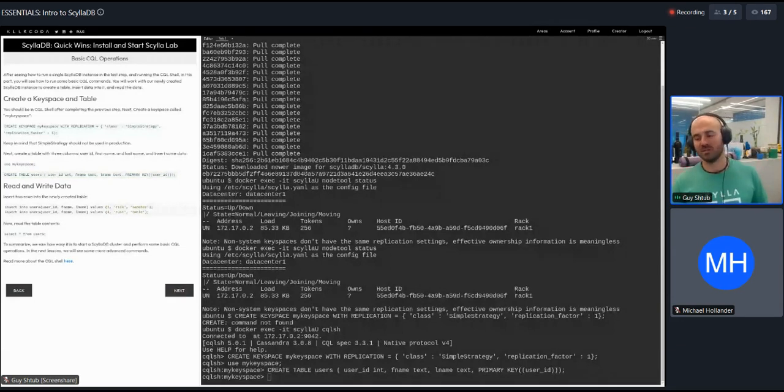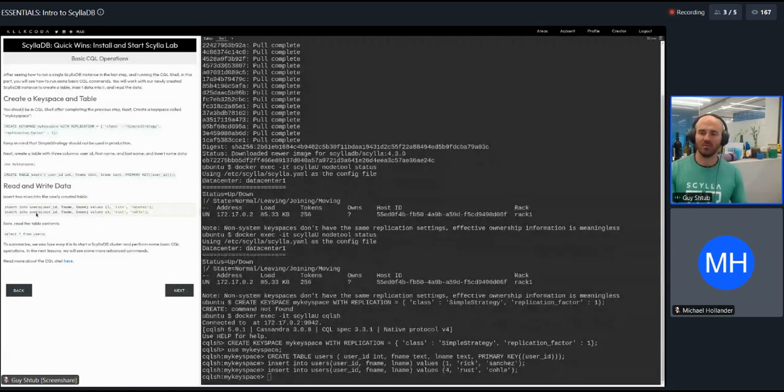And I'm going to talk about these concepts in just a bit. And once I created my table, I can simply insert 2 rows into my table. So I insert Rick Sanchez and Rust Cole.